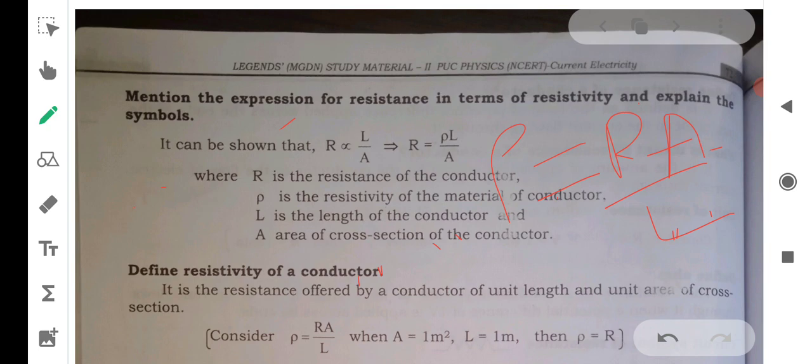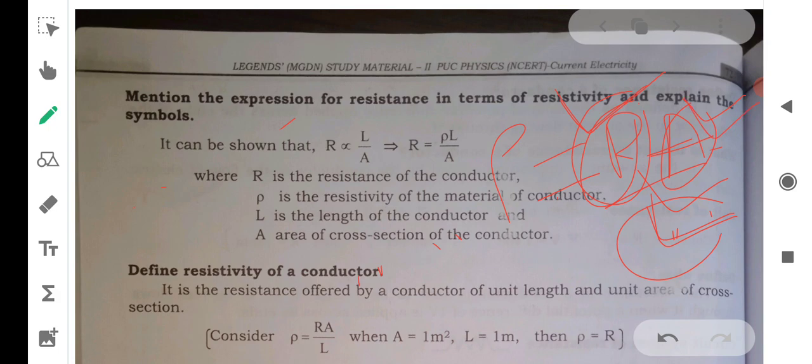Easily we can define what is the resistivity. Here resistance is there, A is there, L is there. The ratio of R times A divided by L gives the resistivity. Resistivity of a conductor means the resistance offered by a conductor of unit area of cross section per unit length.